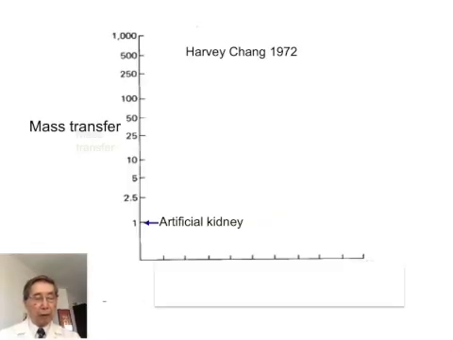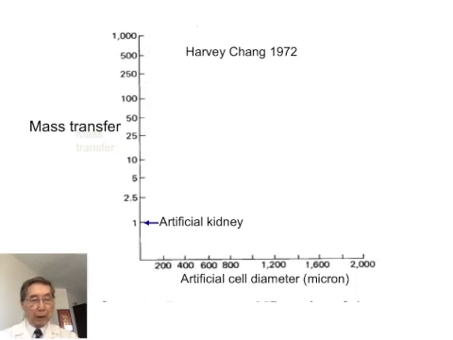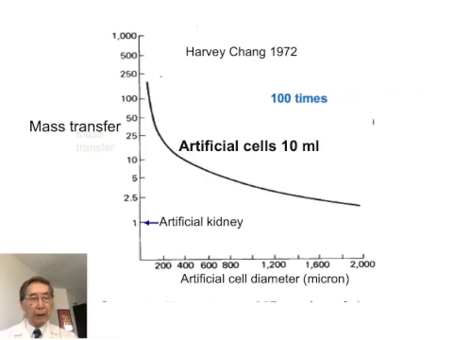Let's look at mass transfer. Artificial kidney is 1, and the artificial cell of different diameter is shown here, and the mass transfer is shown here. When it's about 100 micron diameter, the transport rate is 100 times.